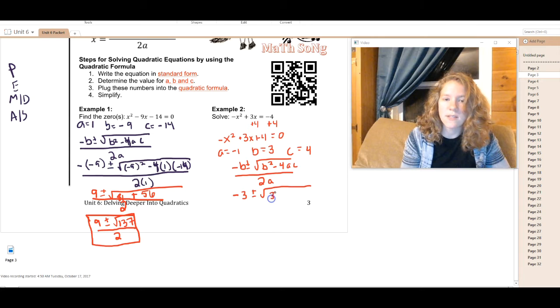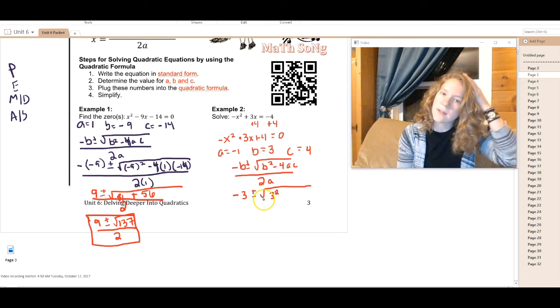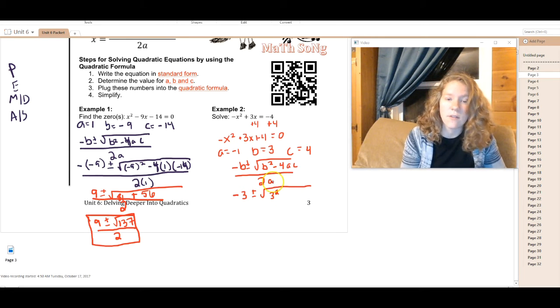You can still put that in parentheses if you want, just to make a good habit, but it's not necessary when there's not a negative. So 3 squared minus 4 times a, which is negative 1, times c, which is 4. Oh, ugly 4 again. All over 2 times a, which means 2 times negative 1.